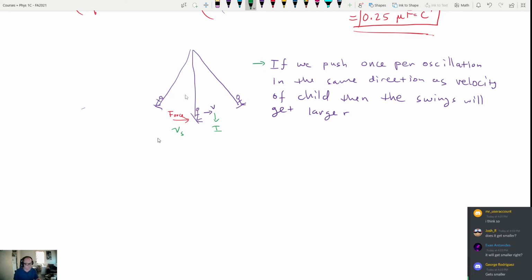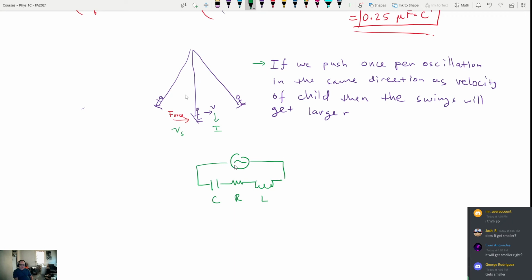Let me draw a picture of the circuit here. So we've got our LRC circuit: the capacitor, the resistor, and the inductor. Depending on the size of the inductor and the size of the capacitor, the resistor size doesn't matter, you're going to get the power factor thing that shows up.